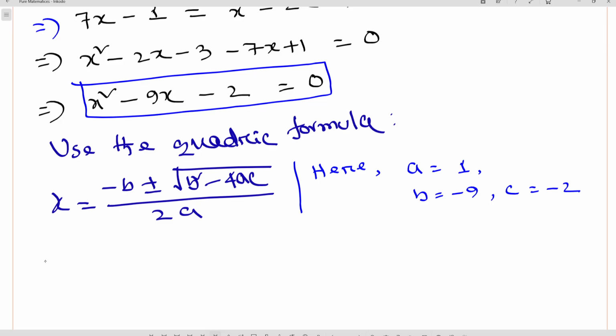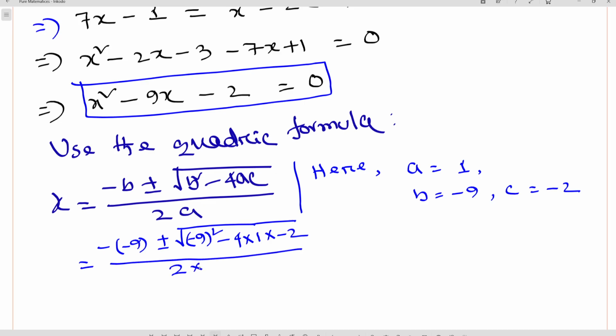So we can substitute this in here. Minus b means minus minus 9, plus or minus root of minus 9 squared minus 4 times a, which is 1, times c, which is minus 2, and divided by 2a.